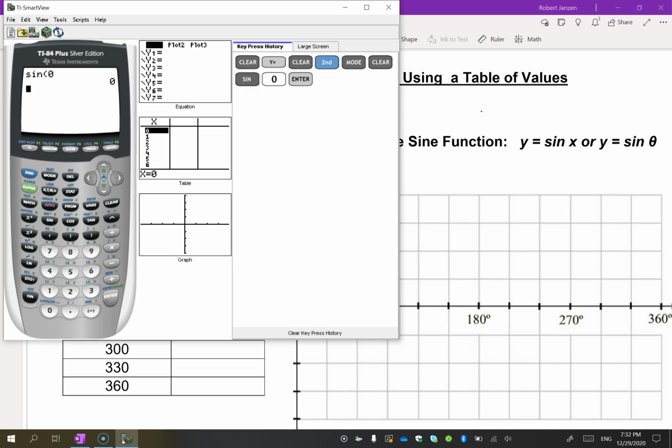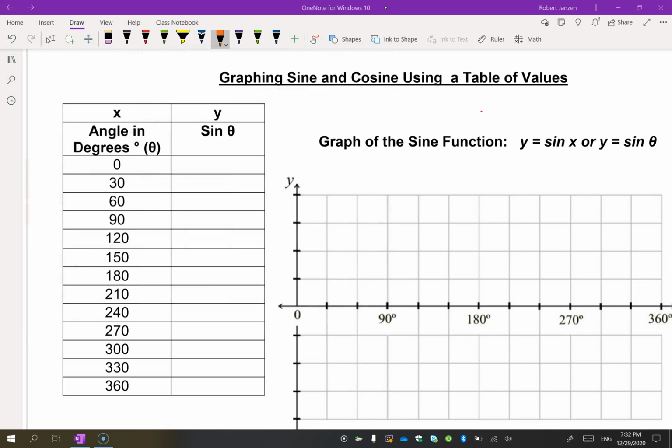Okay, now just before you go any further, go to mode and check here to make sure that you are in degree mode and not radian mode. See, I could change it to radians, but we're going to do this one in degree mode. Okay, so pause the video and I want you to fill this in.